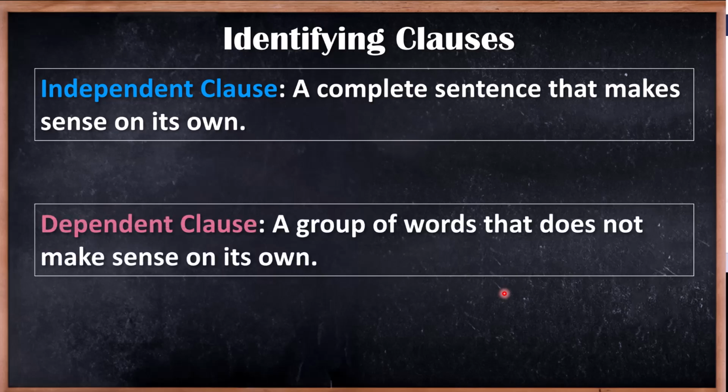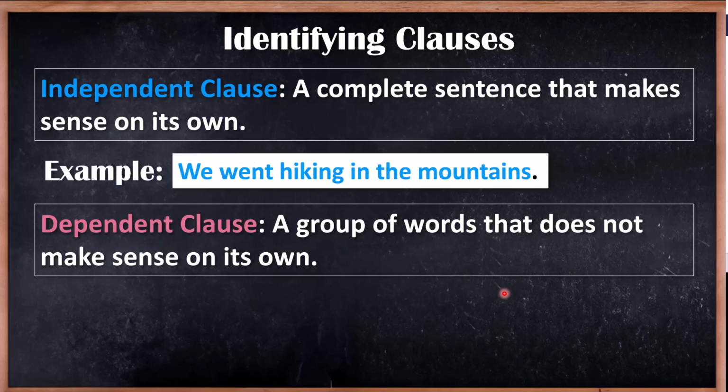While a dependent clause is a group of words that does not make sense on its own. You could not end it with a period and make a complete sentence. For example, we went hiking in the mountains. This is an independent clause. It's a complete sentence. We have a subject, we, and a predicate, went hiking in the mountains.